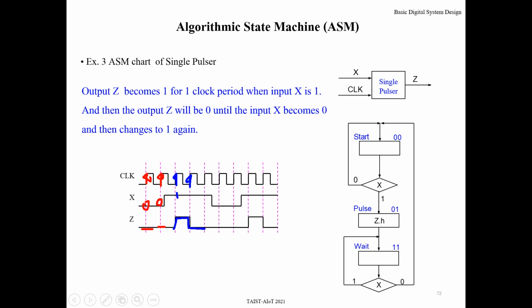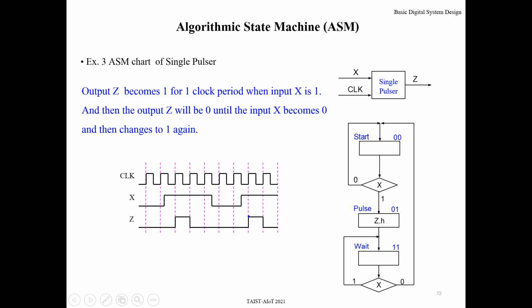Then clock tick, X is 1, nothing changes, but wait for X to become 0 again, before it changes to 1 again. At this clock tick, output Z becomes 1 for 1 clock period again.